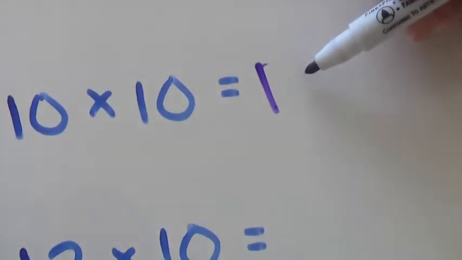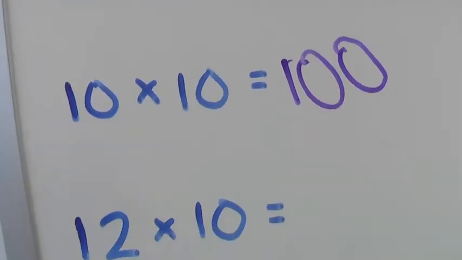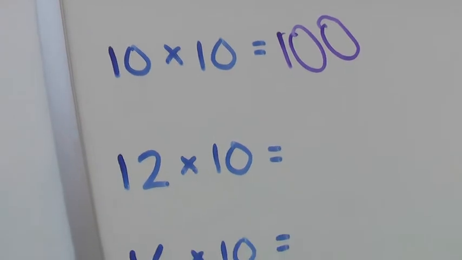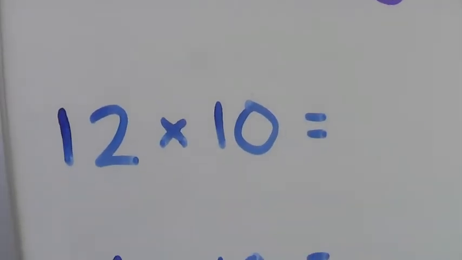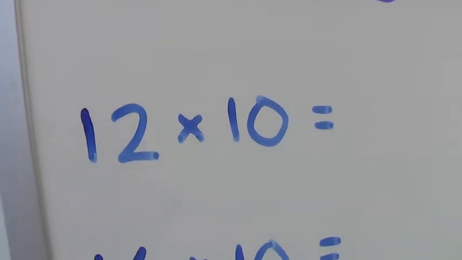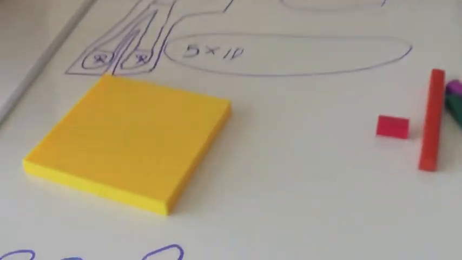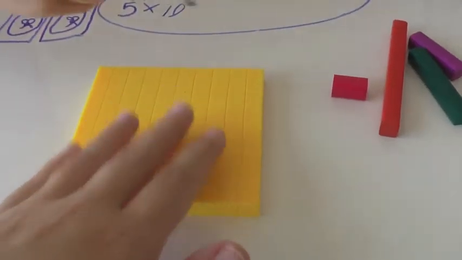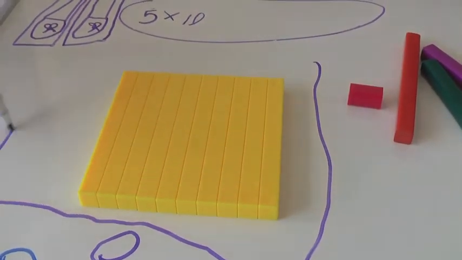We could either get 10 10s or we could get 100 flat. I'd rather get 100 flat. Okay, Zoe, 12 times 10. We need 12 10s, right? Well, here's 10. There's 10 10s, right? Zoe, can you show me 12 10s?